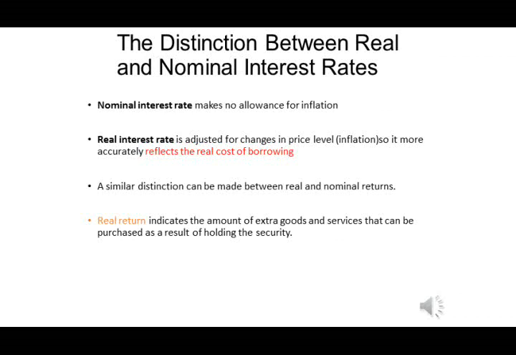Again, we can say that nominal interest rates make no allowance for inflation, but real interest rate is adjusted for the changes in the price level, so it more accurately reflects the real cost of borrowing.